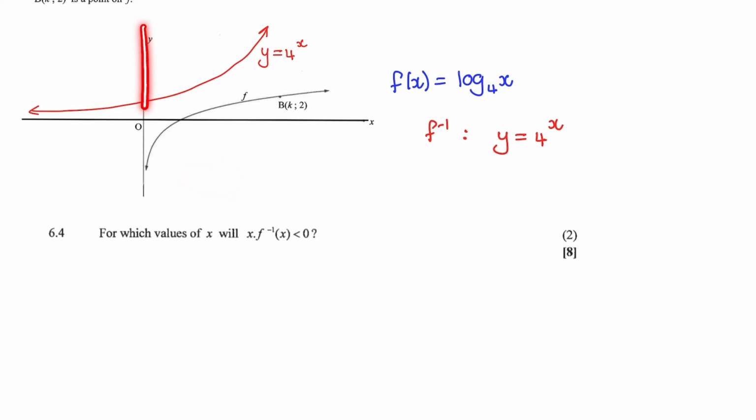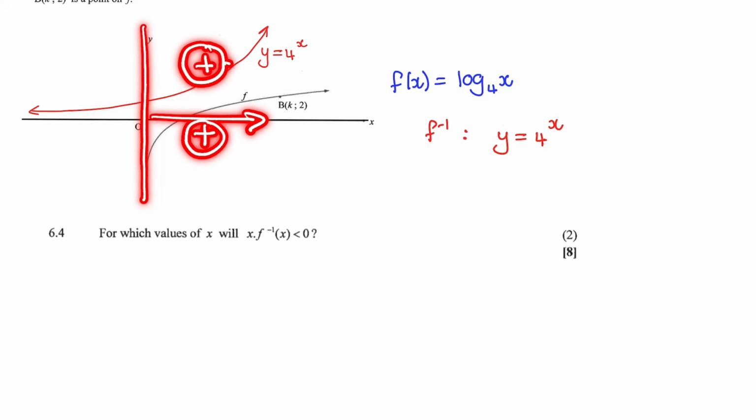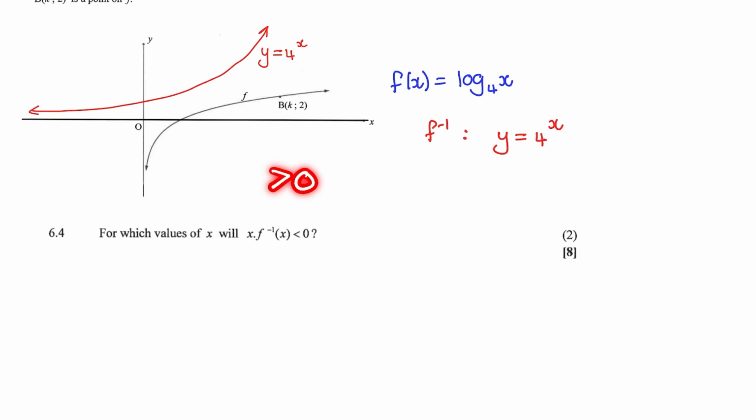But on the right-hand side of the y-axis, we can see that the x values are positive and the function is positive. And a positive times a positive value would always be positive or bigger than 0. So this inequality is only true where x is smaller than 0, or when x is negative.